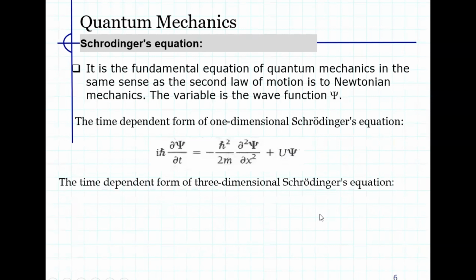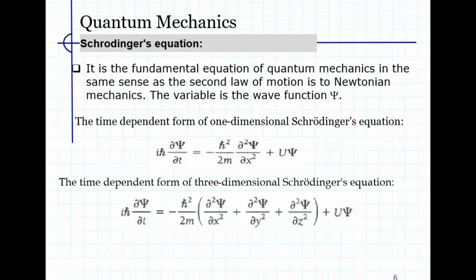For the three-dimensional Schrodinger's wave equation, the time-dependent form is given by the following. It is again iota times h cut times the partial derivative of psi with respect to time, equal to minus h cut square divided by 2m multiplied by three terms that are added together. The first term is the second derivative of psi with respect to x.